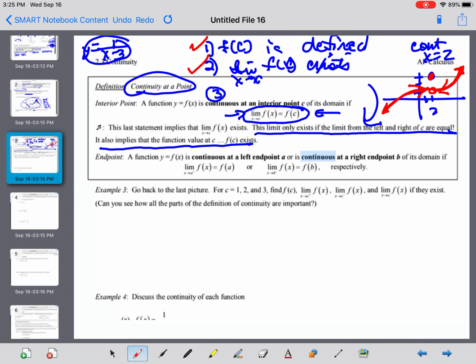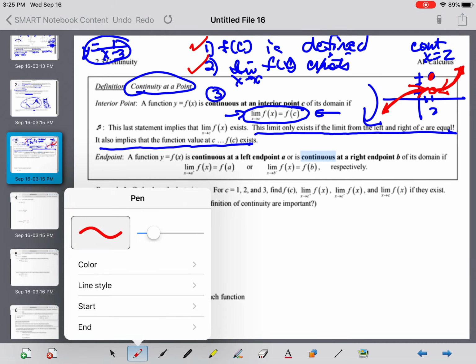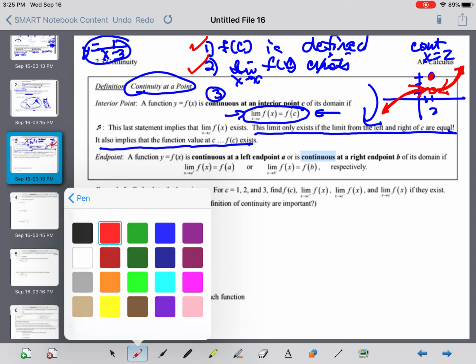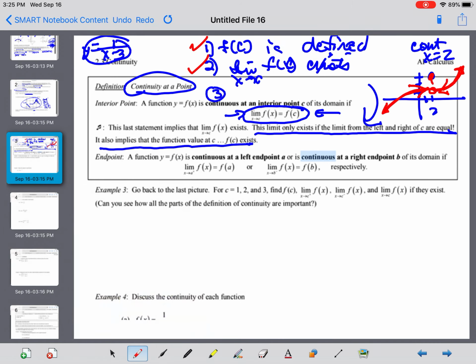So the limit does exist. There is a limit from the left and the right. But this fails to be continuous. How could I make it continuous? If I could move this down here, then it would be continuous.